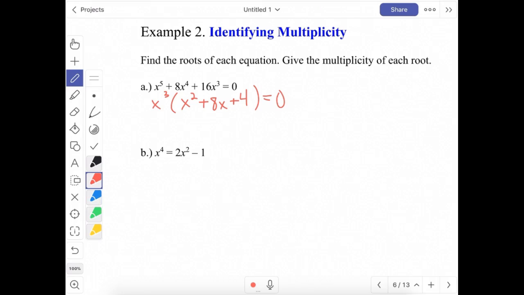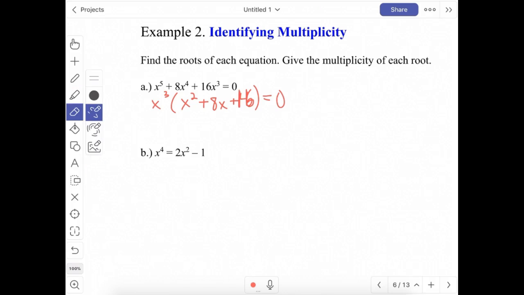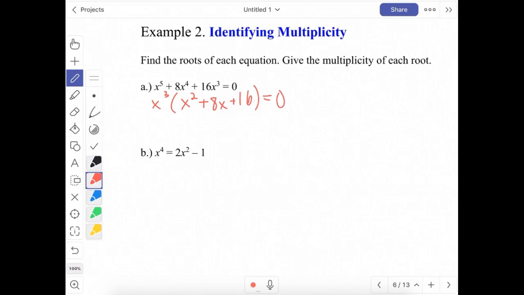I wrote that out wrong, that's a 16, not a 4. That's all equal to 0. So then we have x cubed out front. This can be factored down into x plus 4 times x plus 4.